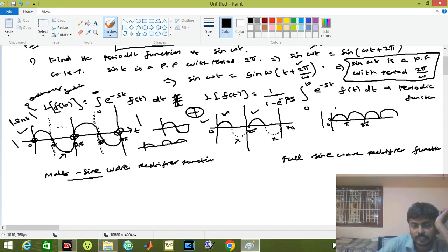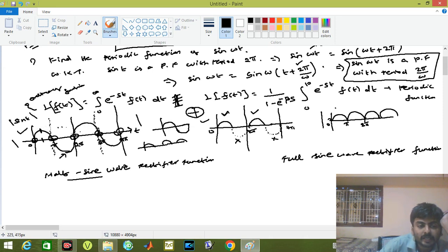Okay, see, sine 0 is 0, sine pi is 0, sine 2 pi is 0, sine 3 pi is 0. Here you can ask, what about this pi? This pi is also 0, no? Yes, this pi is also 0, this 3 pi is also 0. But you will not get this value, no? See here, sine pi by 2 equals 1.